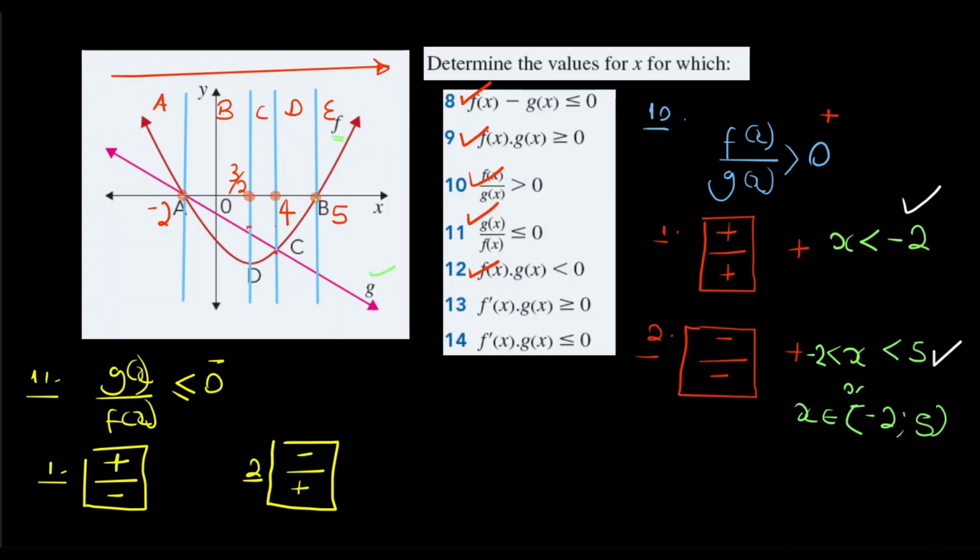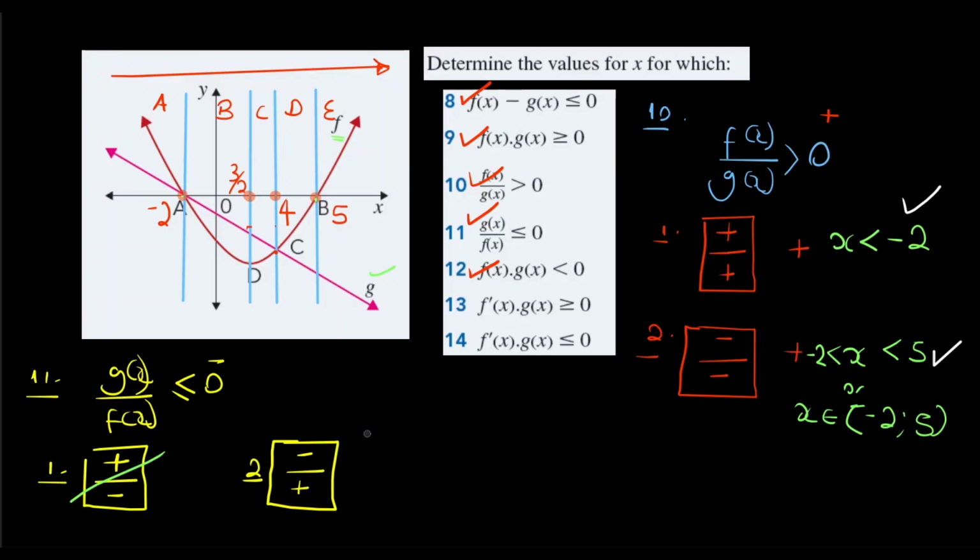And remember, negative means below and positive means really above. Where's the graph of g above while the graph of f is below? Where is the graph of g above for scenario 1? g above, the graph of f below doesn't exist. So we know that this scenario does not exist.